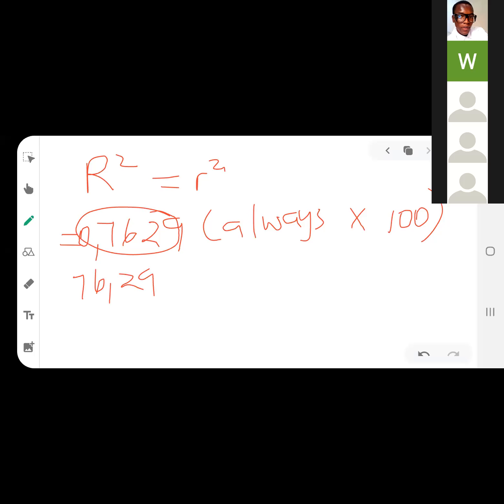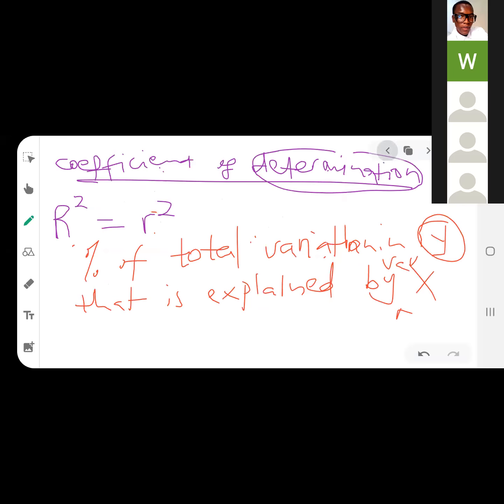So its interpretation will be: 76.29% of the total variation in the dependent variable is explained by the variation in the independent variable. So you interpret this looking at its definition. Did I write that definition?